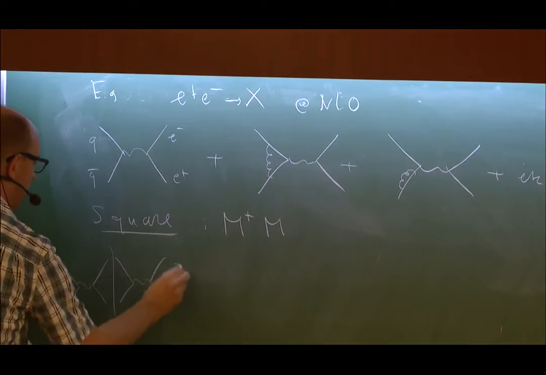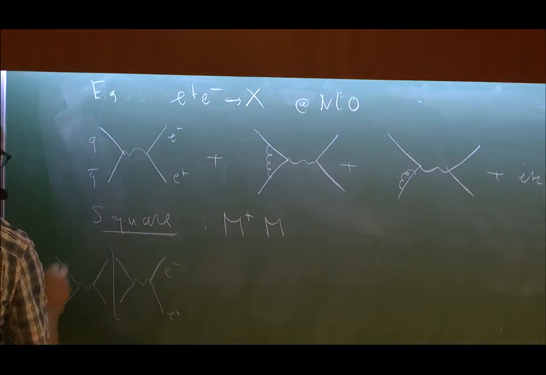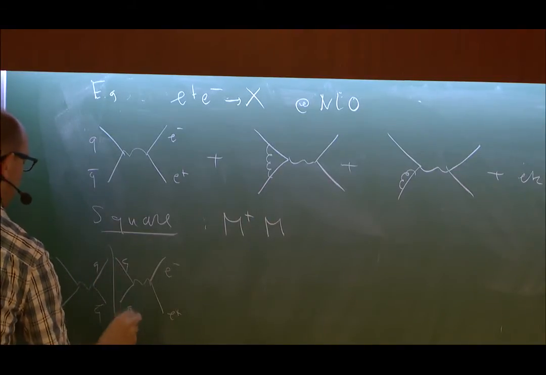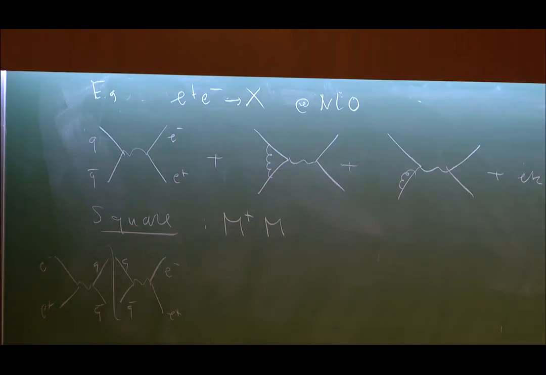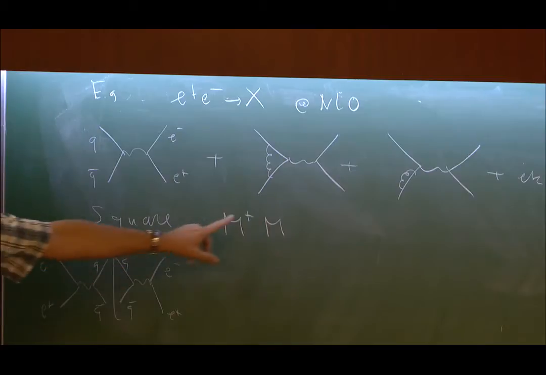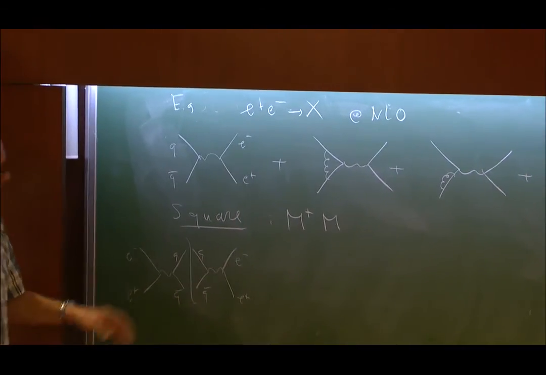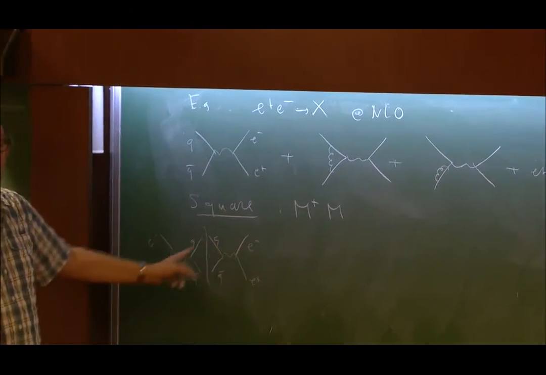So this is E minus E plus, and here's E minus E plus, Q, Q, Q bar, Q bar. So this is M dagger. The Hermitian conjugate turns all the lines around, and you see a nice matching up of final state particles. It's actually called cut diagram notation. It has interesting rules in and of itself, but I will not go into that. So this is the first part of M squared.